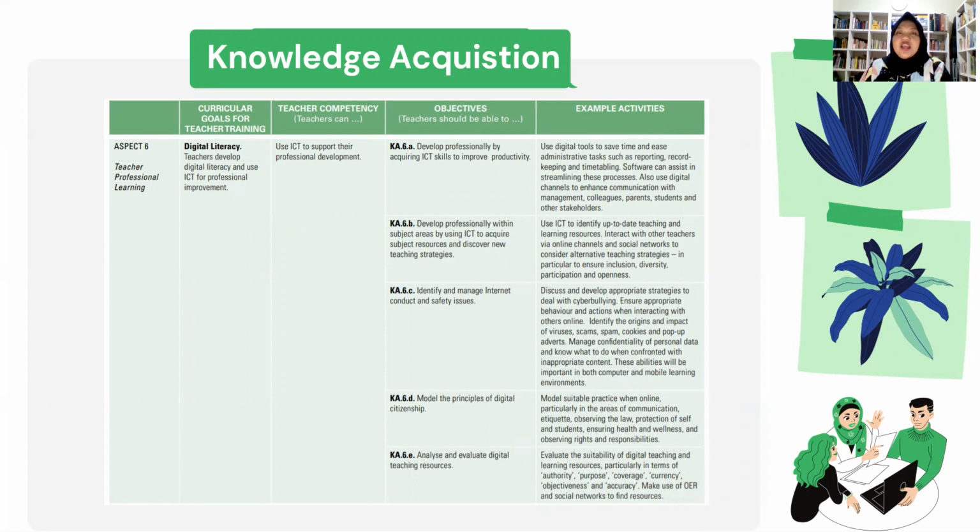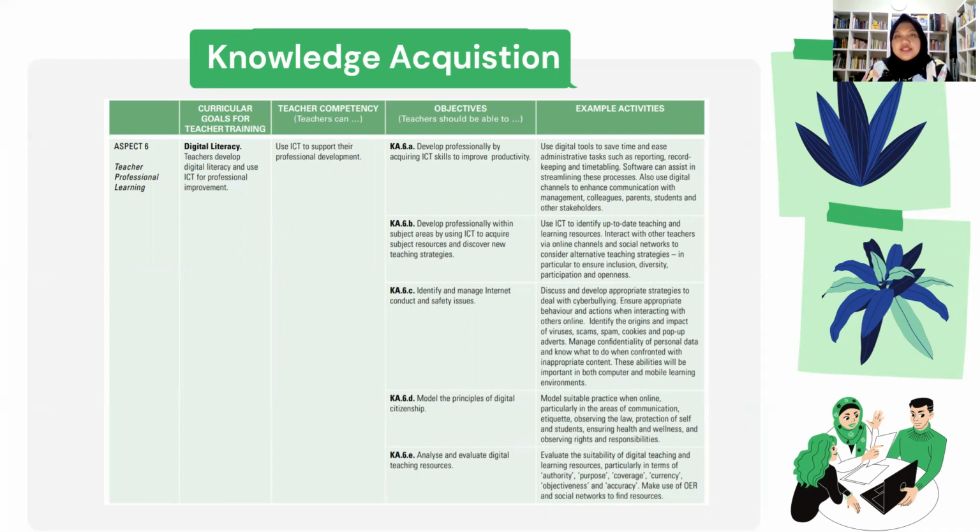The teachers can discuss and develop appropriate strategies to deal with cyberbullying, ensure appropriate behavior and actions when interacting with others online, and so on. And the fourth objective will be to model the principles of digital citizenship.